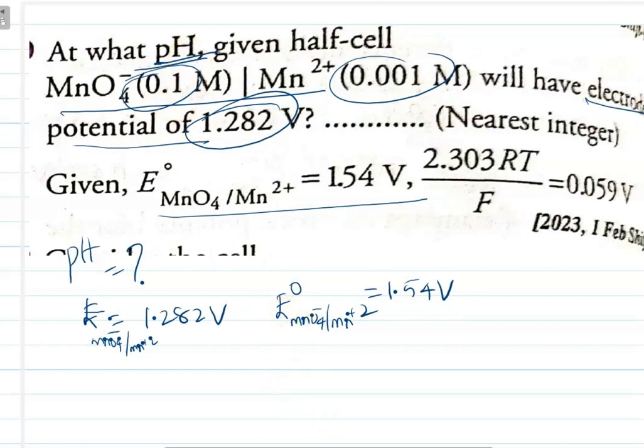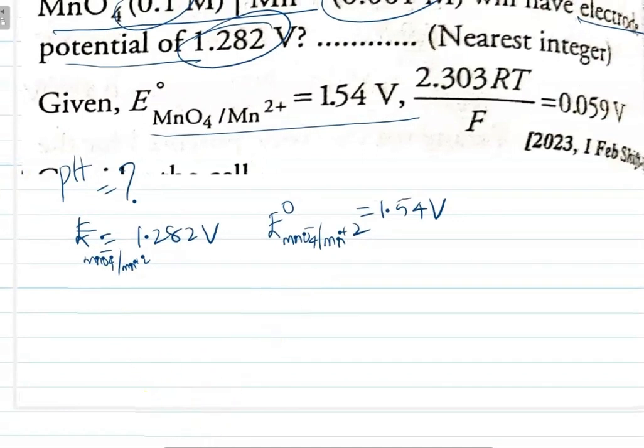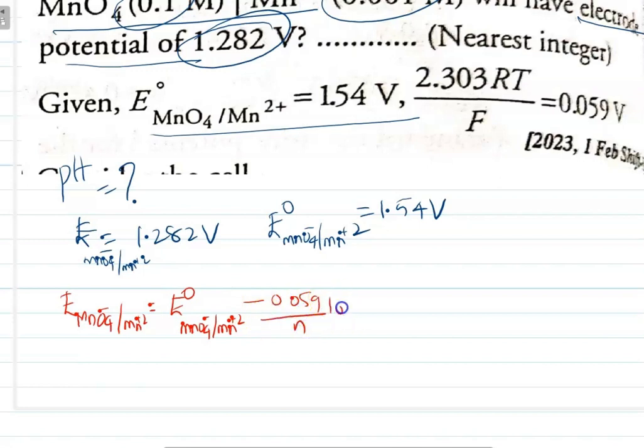So what is the relationship between E and E naught? We know that E and E naught are related by the Nernst equation. So what's the Nernst equation? The Nernst equation says: E of MnO4 minus to Mn plus 2 single electrode potential is equal to the standard single electrode potential of MnO4 minus to Mn plus 2, minus 0.059 by n log Q. This is called the Nernst equation.